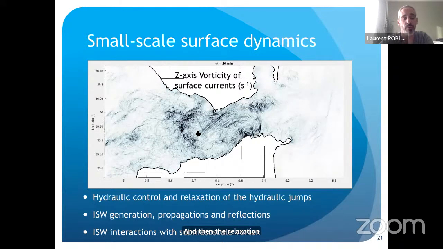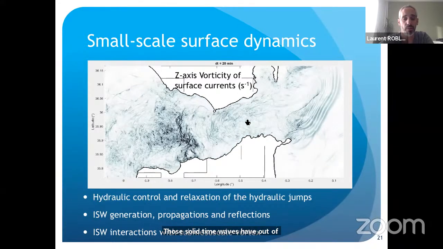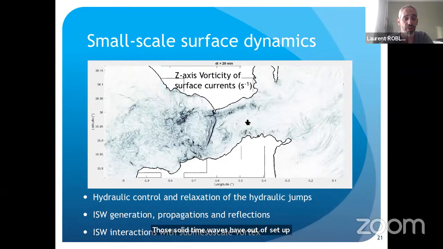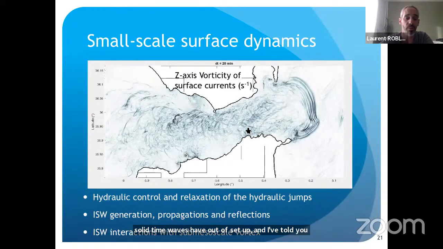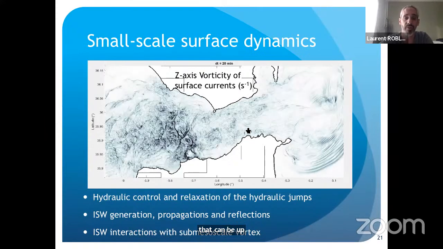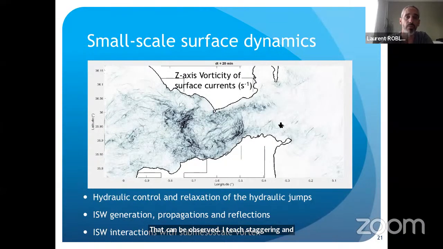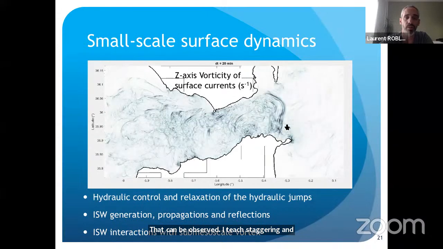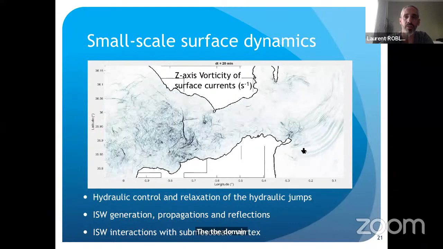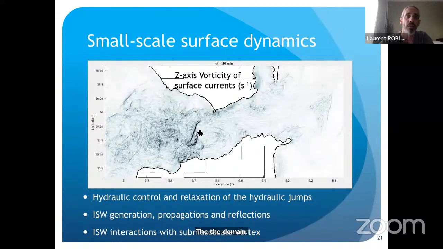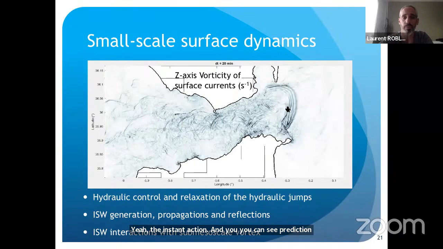Those solitary waves are observed after the relaxation, like we said, and after the relaxation, you have a train of internal waves that can be observed periodically at each tidal cycle, and the train propagates through the strait, then goes out of the domain. You have a nice interaction here in the small vortex, and you can see reflection as well, and others also.